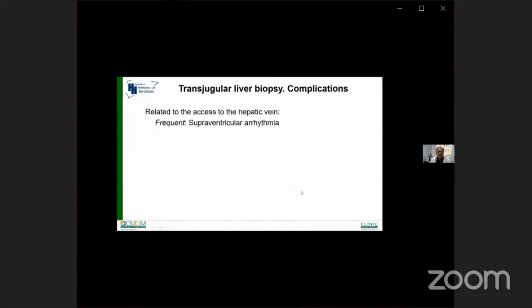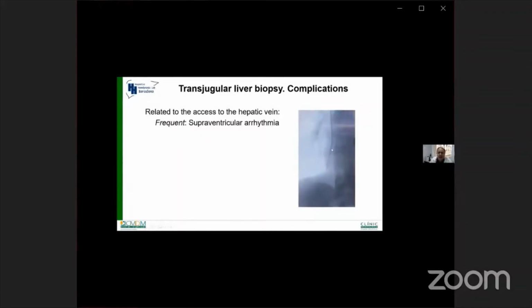Other potential complications are related to the way from the jugular vein to the hepatic vein. We need to cross the atrium, and this can cause arrhythmias, mainly supraventricular arrhythmia. And then in some cases, crossing from the atrium to the inferior vena cava, and then to the hepatic vein, may be difficult.